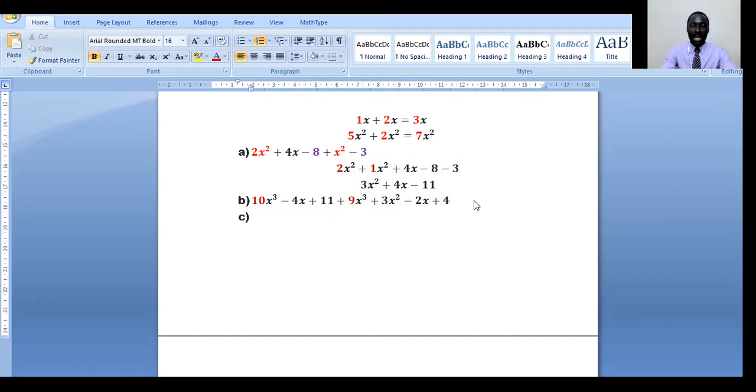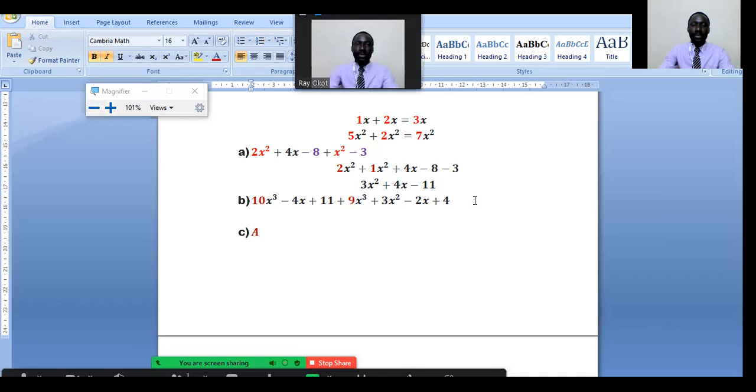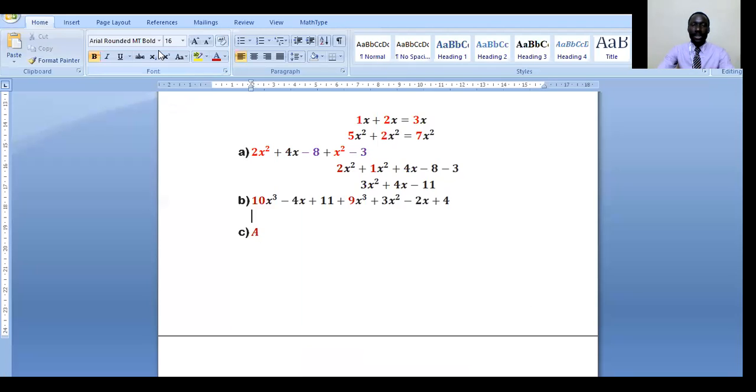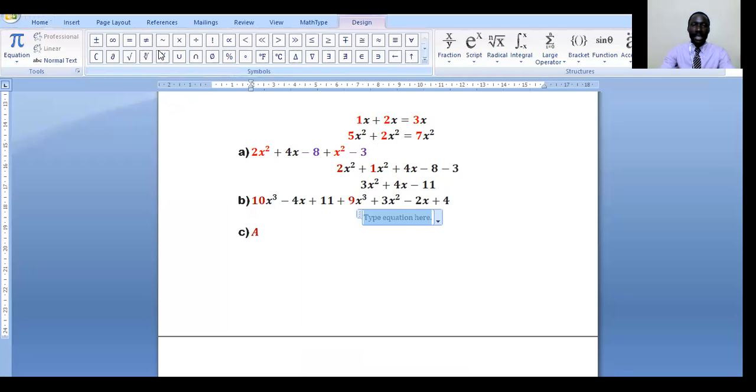We group them together. So grouping them together means we put them together. So we'll be having 10x cubed.